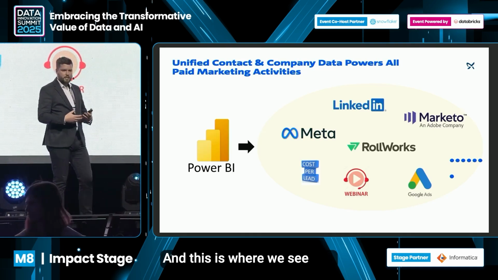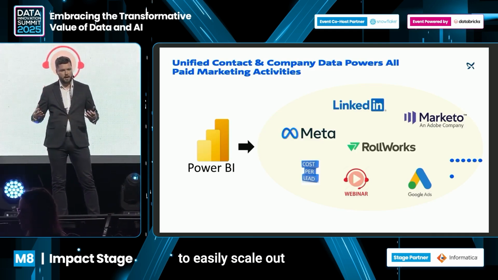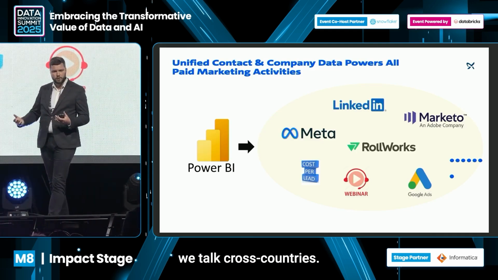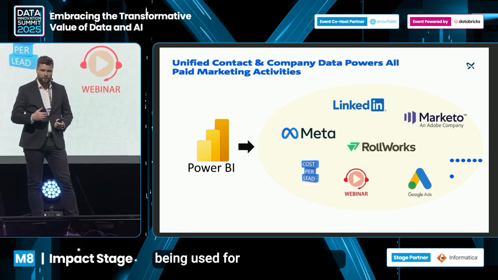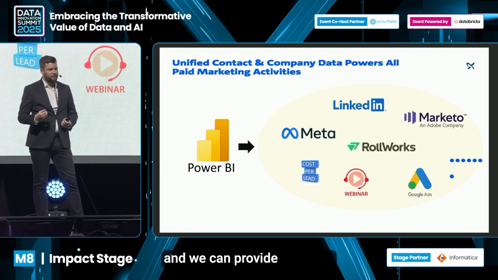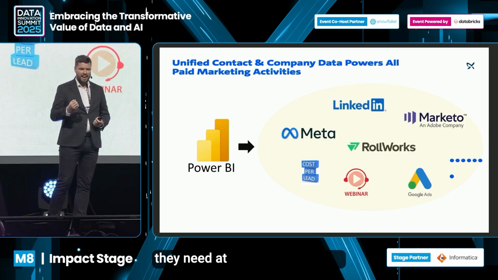And this is where we see that Data Vault actually gives us the scalability and reliability to easily scale out. When we talk cross countries, we can scale up. When we talk the different amount of sources being used for decision making, we can provide business the data they need in the quality they need at the time they need.